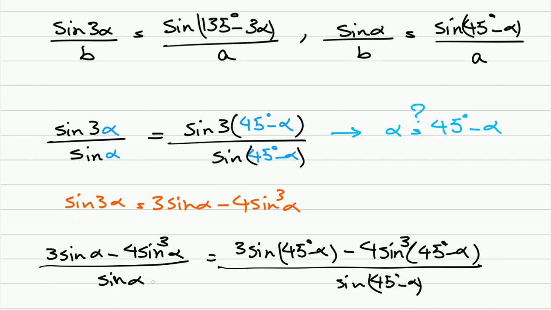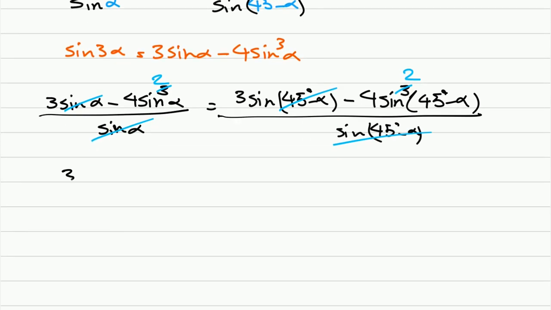And we know that sine of alpha isn't 0, sine of 45 degrees minus alpha isn't 0 as well. So we simplify here. This will be squared and this one as well. We'll have this, 3 minus 4 times sine squared alpha is equal to 3 minus 4 times sine squared 45 degrees minus alpha.